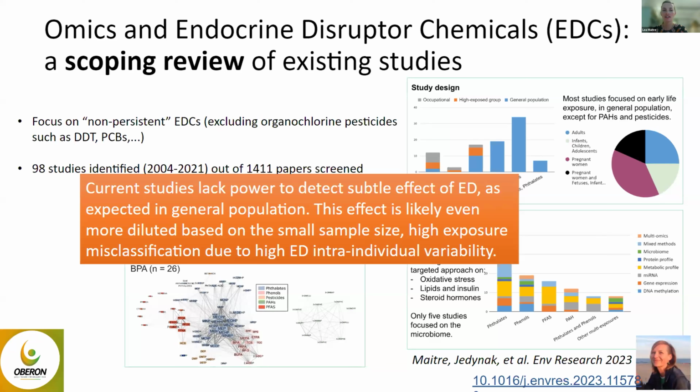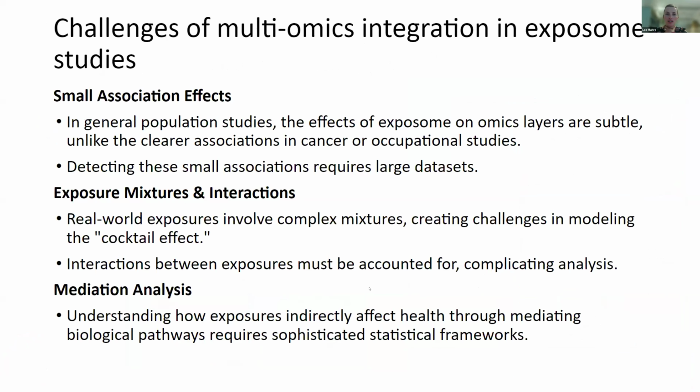And we expect high exposure misclassification due to endocrine disruptors' intra-individual variability. So this is one example of a type of exposure, but it can also be valid for other types of exposure. So I would like to summarize here the challenges of multi-omic integration in exposome studies.